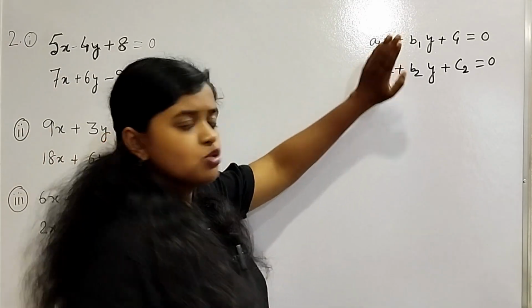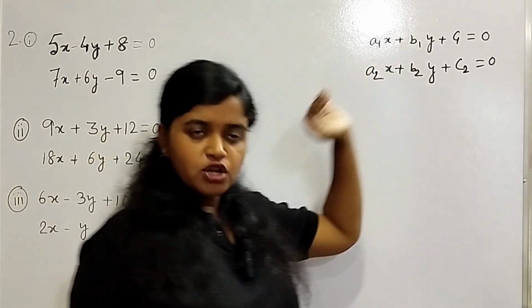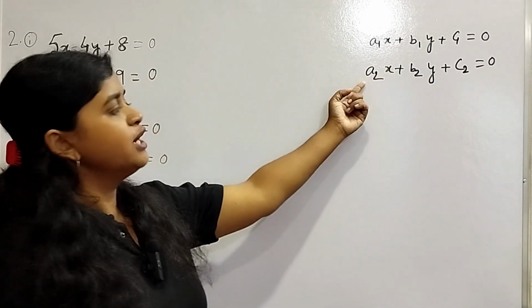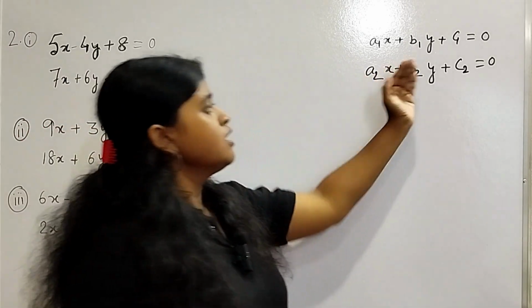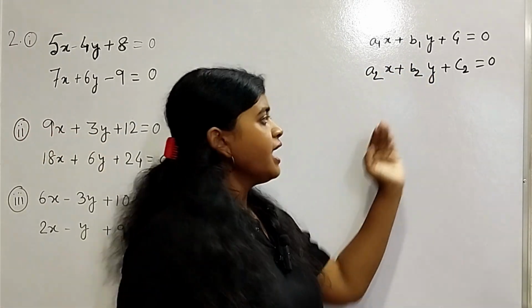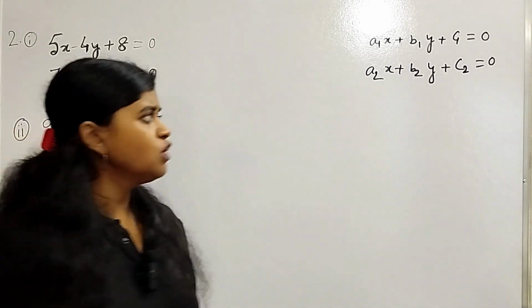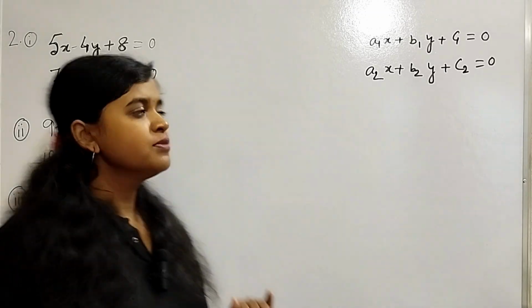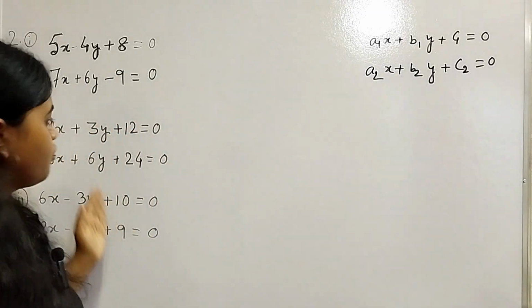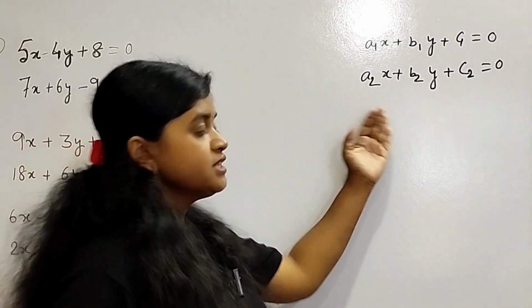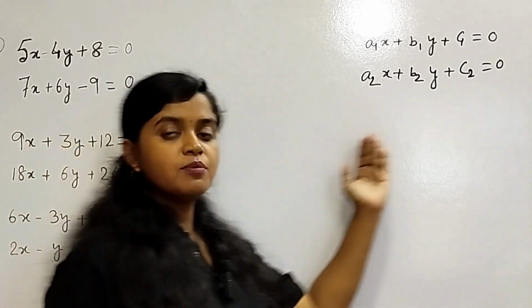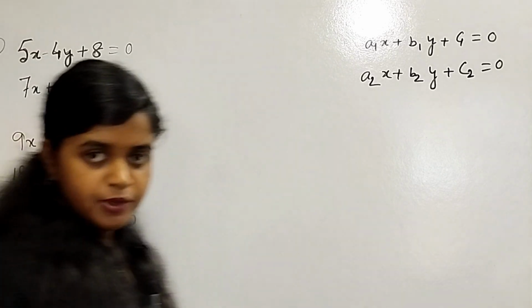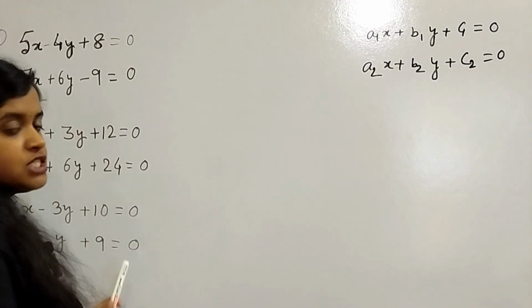Here A1 means the coefficient of x, B1 means the coefficient of y and C1 is the constant term. And A2 is the coefficient of x, B2 is the coefficient of y and C2 is the constant term. So basically we have to compare A1 by A2, B1 by B2 and C1 by C2 for each question. Following this general form, we are going to find A1 by A2, B1 by B2 and C1 by C2 for each equation.